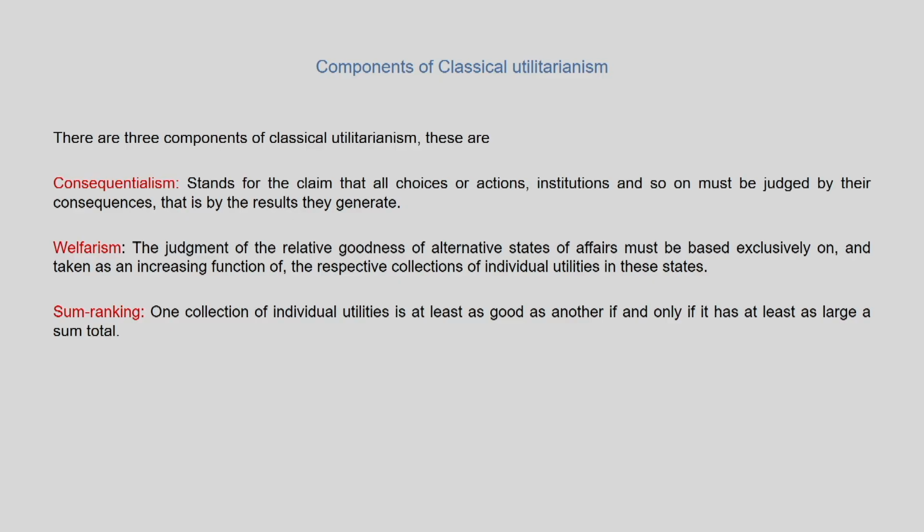And when welfarism is combined with consequentialism, we get the requirement that every choice must be judged by the respective utilities it generates. So, for example, any action is judged by the consequent state of affairs, and the consequent state of affairs is judged by utilities in that state because of welfarism.